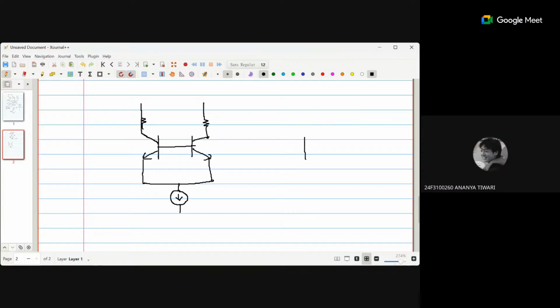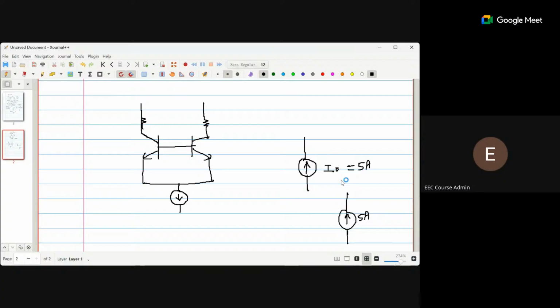how will you design a current source? See this sum here. If I represent a current source of value I or I naught or whatever, say for example I naught is 5 ampere, a current source of value 5 ampere, what will be the circuit inside?